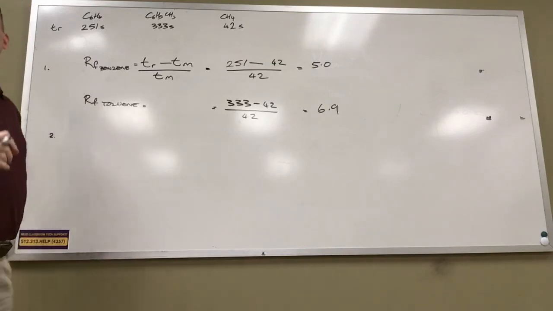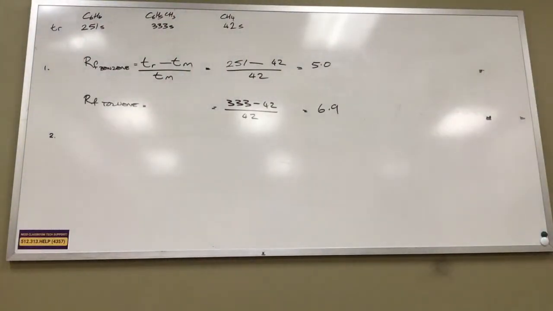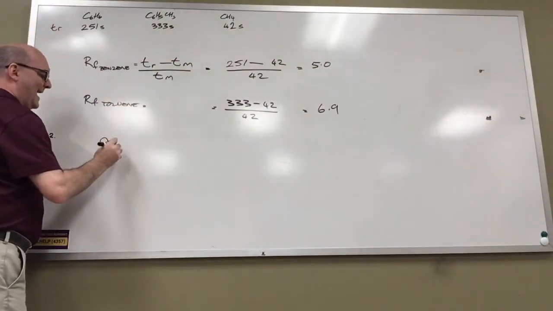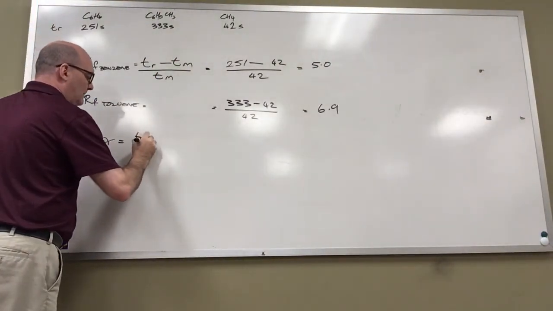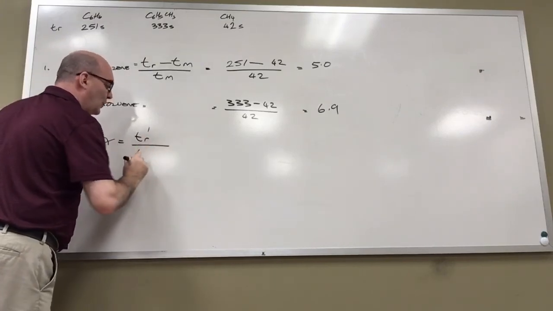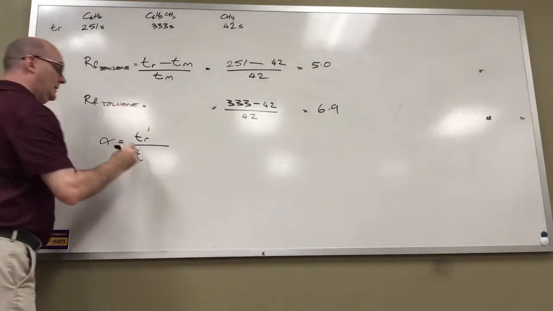Part 2 says, find me the separation factor. Separation factor alpha is the adjusted retention time of the longer eluting of the analytes over the shorter. I have two analytes, benzene and toluene.